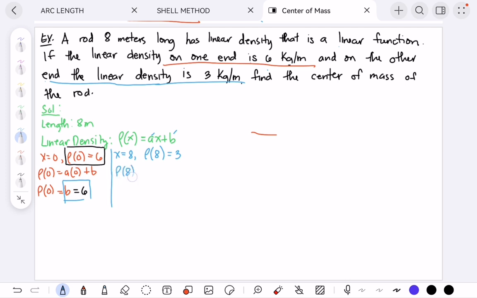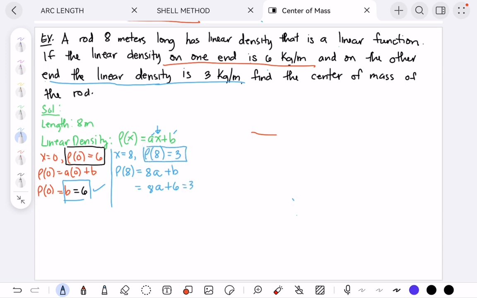Rho of 8, substituting x equal to 8 here, we have 8a plus b. But we already know what b is. It's 6. So this is 8a plus 6. And another piece of information we know, rho of 8 is equal to 3.